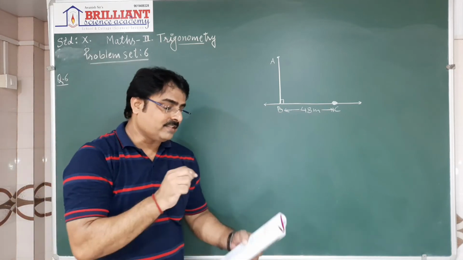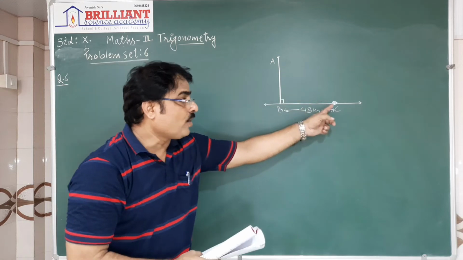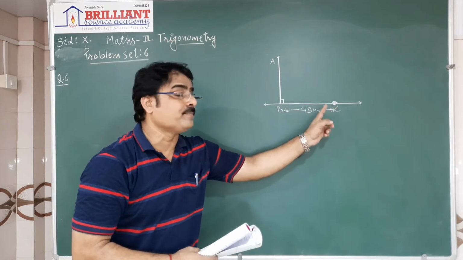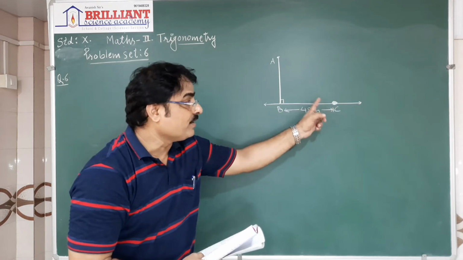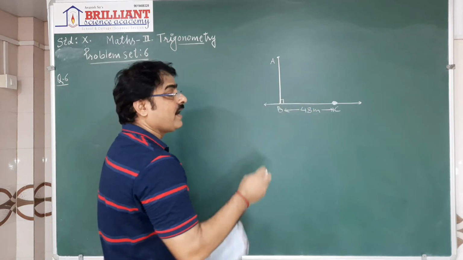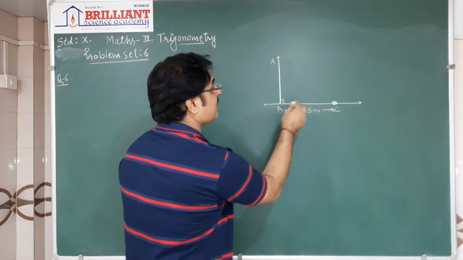And now this boy is observing the top of the building. This is the position of the boy. Point C represents the position of the boy, who is looking at the top of the building and making an angle of elevation of 30 degrees.